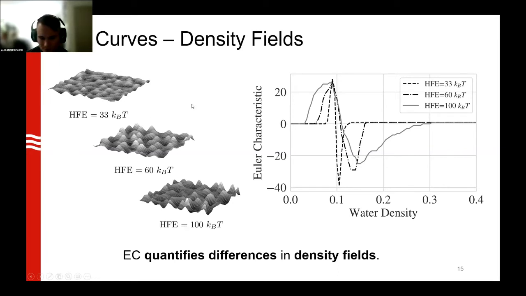What's also interesting is that when we look at the right, at the Euler characteristic curves for these different systems, we can see an almost smooth transition from the low hydration free energy at 33, then to 60 and then to 100. So we're seeing topological differences between these fields that we capture with the Euler characteristic, and that almost smoothly vary with the hydration free energy for each of these systems.